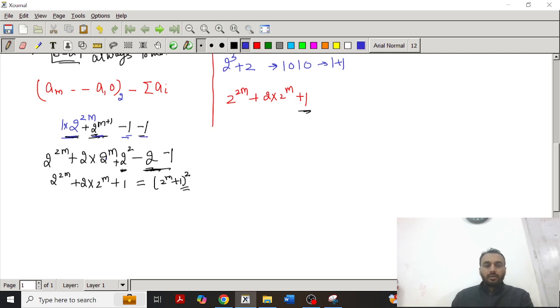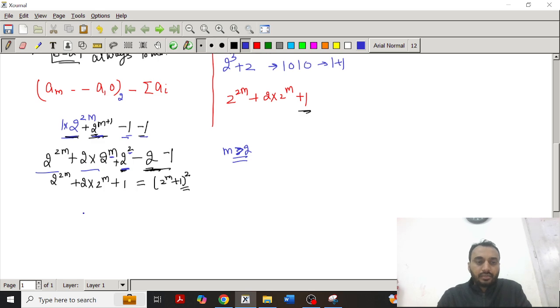Now here I have to definitely write that m is greater than 2, because these represent different place values. So 2 power 2m is different than 2 power m plus 1, and 2 square should be different than that 2 power 2m place value and 2 power m plus 1 place value.